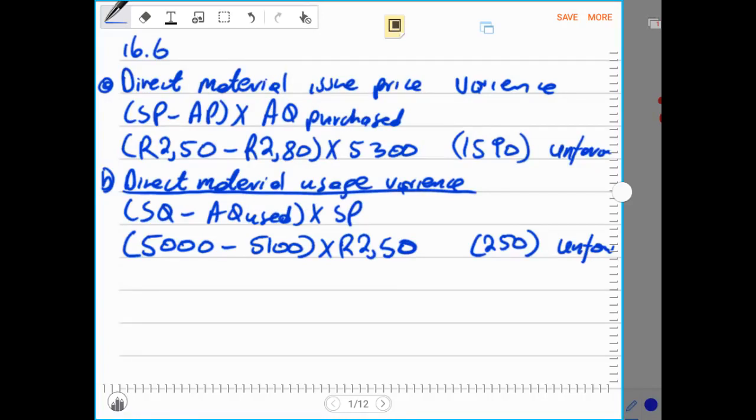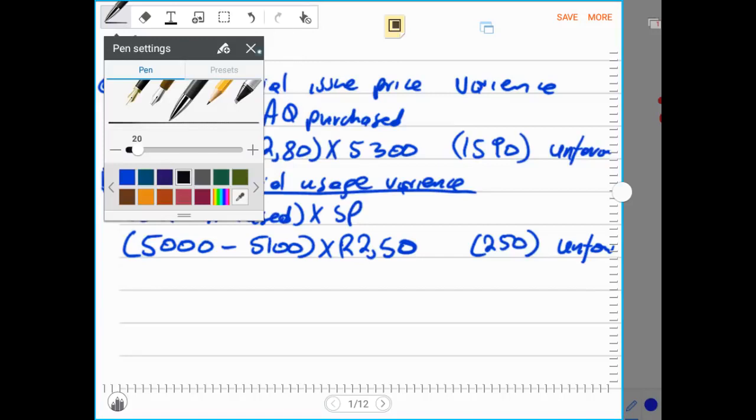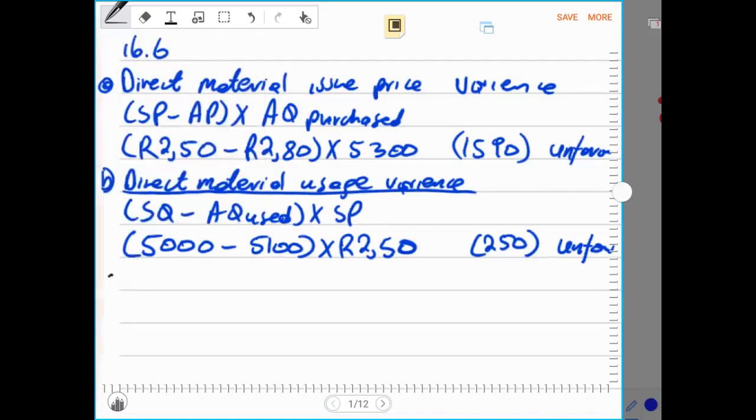Then we go to the third variance, which is variance number C, and that is the direct labor variance. We say direct labor rate variance.